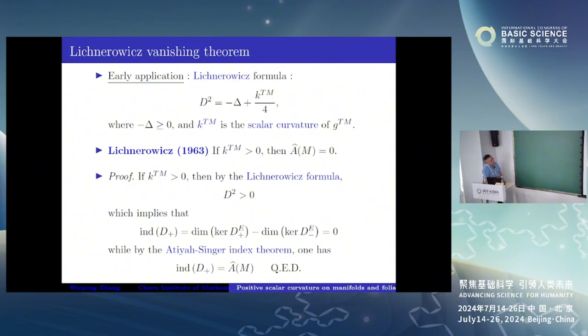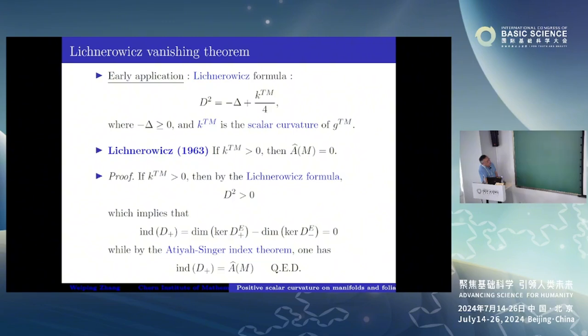With this, Lichnerowicz says that if on a closed spin manifold there is a metric of positive scalar curvature, then the A-hat genus is equal to 0. And the proof is indeed one line. Because the scalar curvature is positive, using Lichnerowicz's formula, D squared will be positive, because the Bochner-Laplacian is negative.